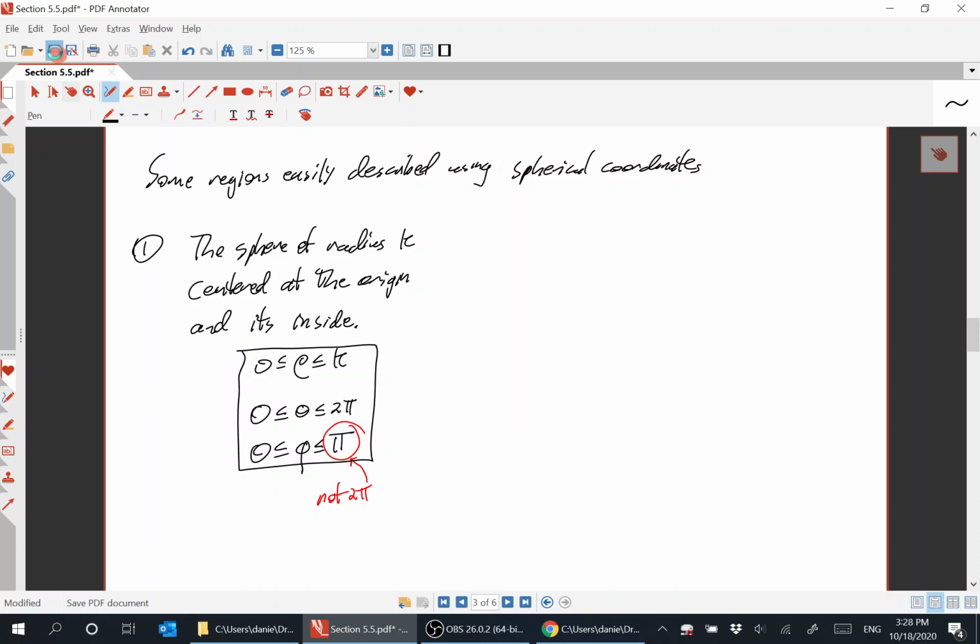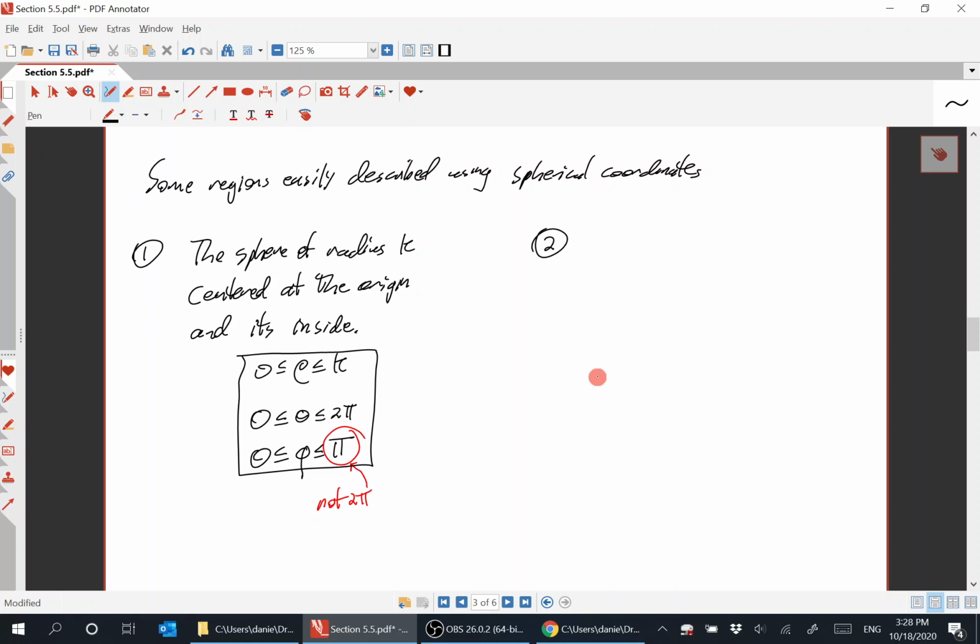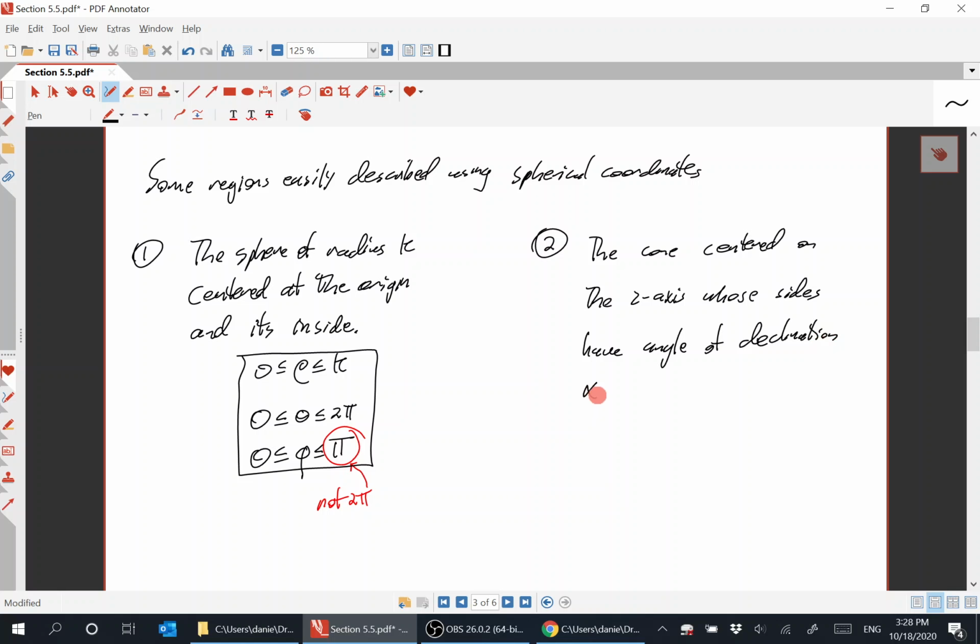Another region which may not immediately register as easily described using spherical coordinates is the following. The cone centered on the z-axis whose sides have declination alpha.